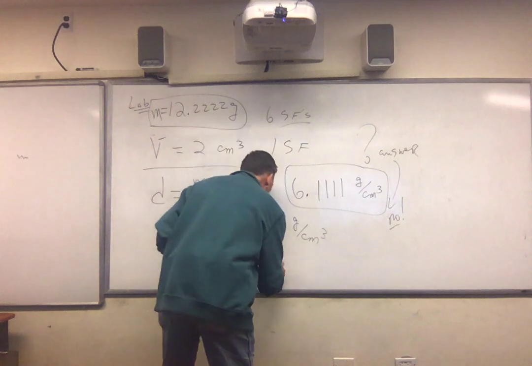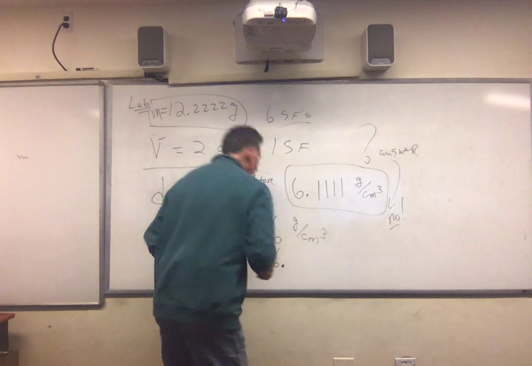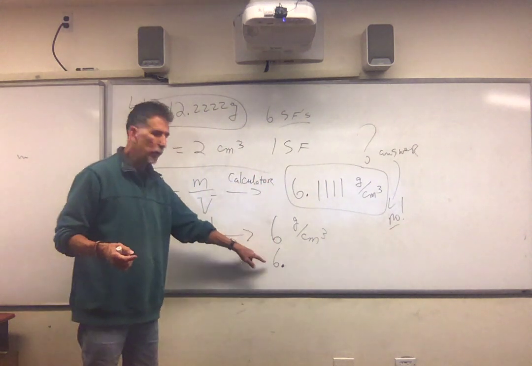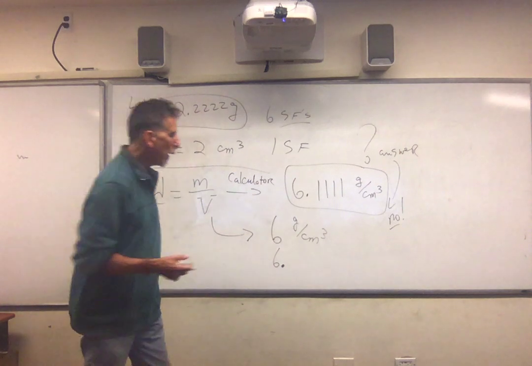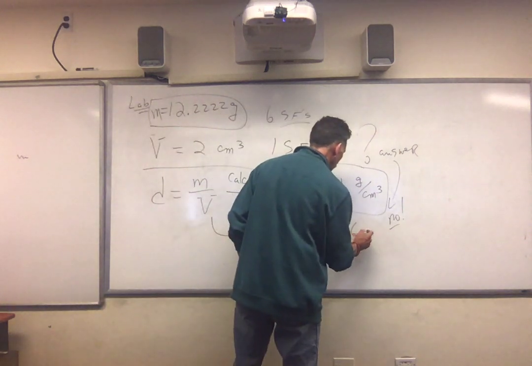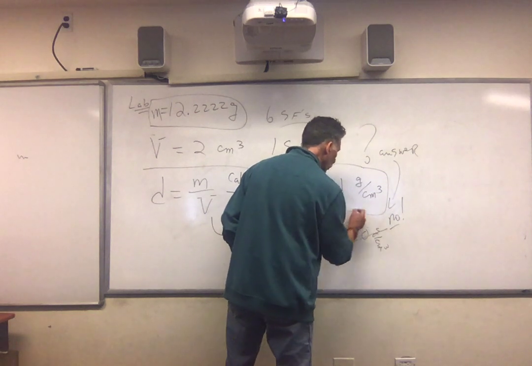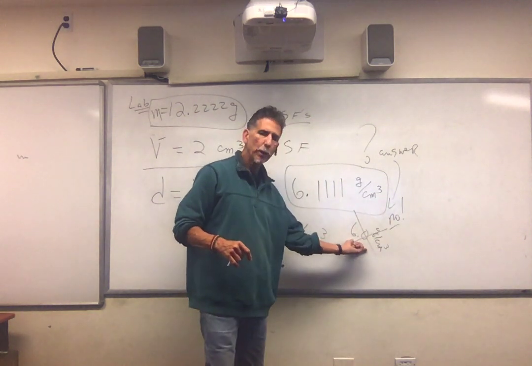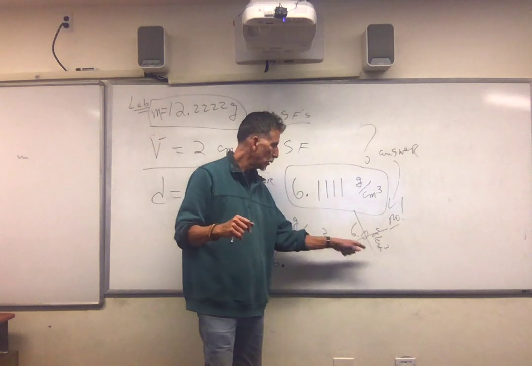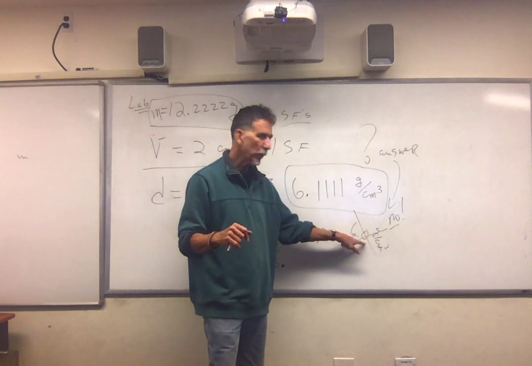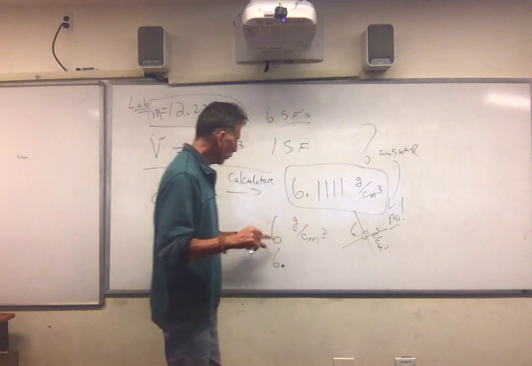What if I put a 6 point? Is that the answer? It's the same thing, 1 significant figure. What about if I say 6.0 grams per centimeter cubed? No, not the answer, because 6.0 is 2 significant figures, because the trailing zero is significant if there's a decimal. So we've got to be careful.